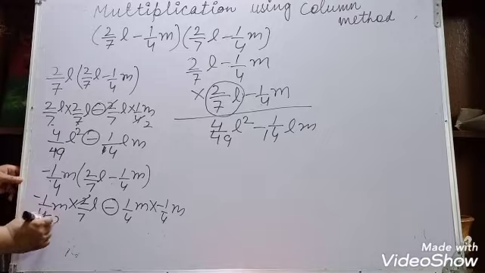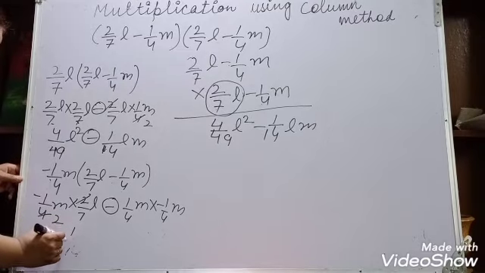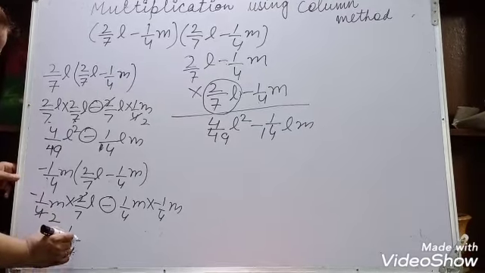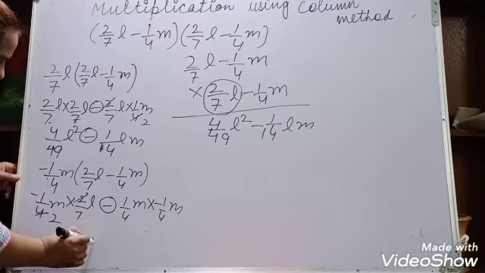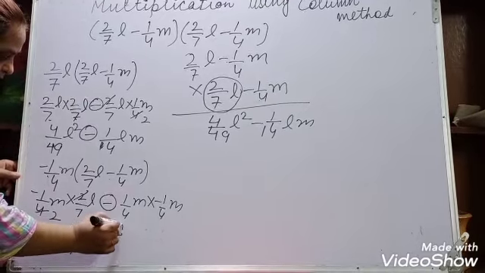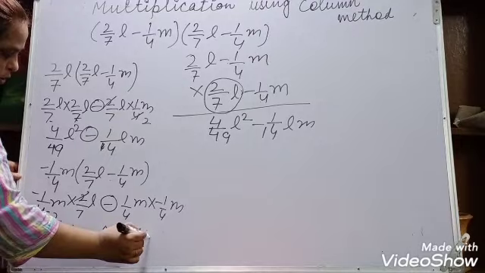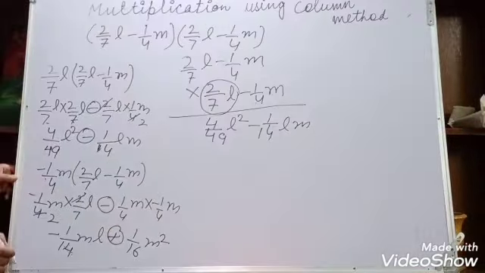So 2 and 4 will get cancelled. It will become minus 1 over 14 lm, and minus minus is plus, it will become 1 over 16 m square.